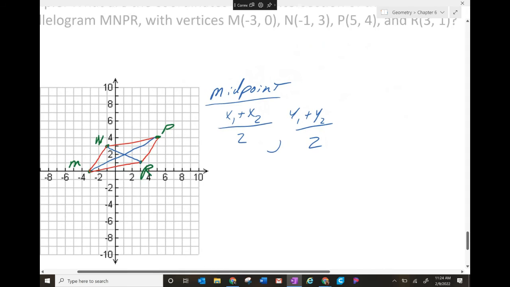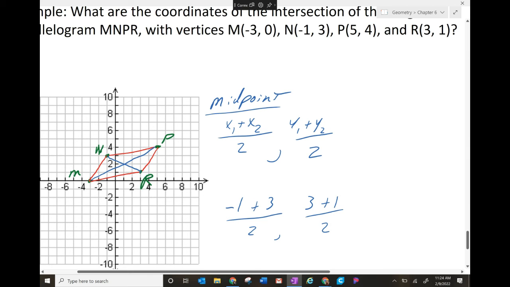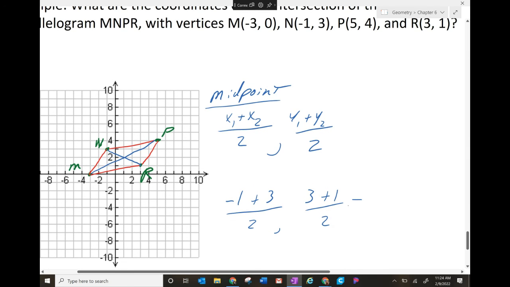So I'm going to go through what those points were. Point N, my X value is going to be -1, plus my R value is 3, divided by 2. My N y value is going to be 3. My R value is 1, divided by 2. So simplify that down. -1 plus 3, divided by 2.